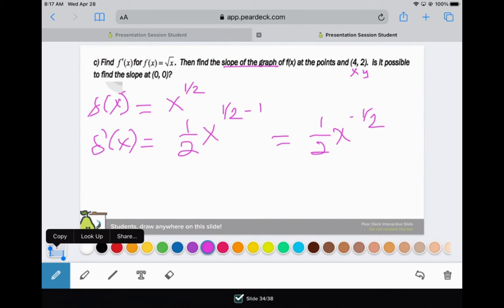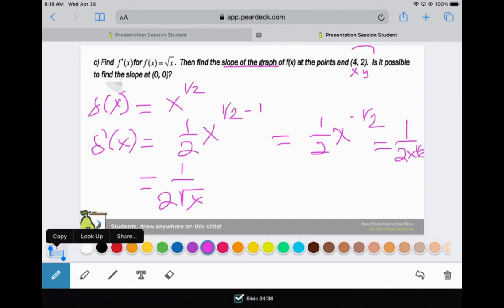So I get 1 over 2 square root of x, because the negative I bring down to the denominator, turning it into positive 1/2, and the positive 1/2 power is the same thing as square root of x.